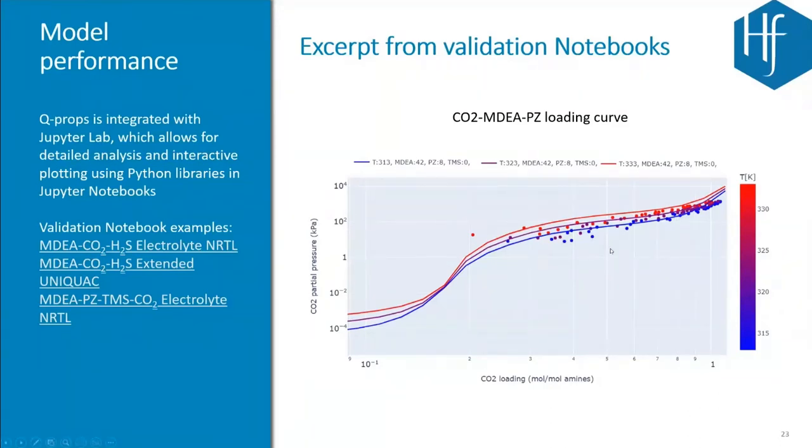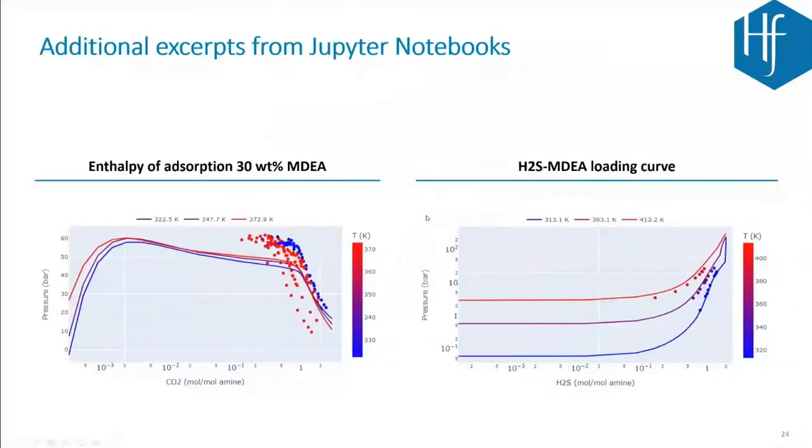That's where we are integrating and using the experimental data all along the way so we can validate that against the process conditions. For enthalpy of absorption, things are looking even worse. This is for an extended UNIQUAC model. And also for the H2S, we see discrepancies at elevated temperatures. So let's make sure that we are applying the right model at the right conditions.